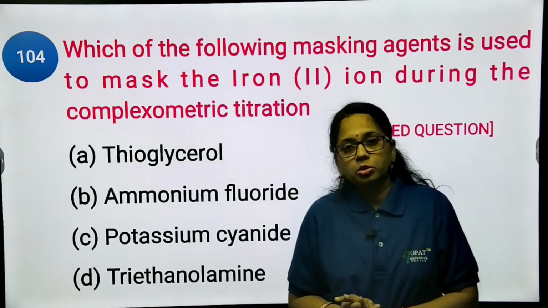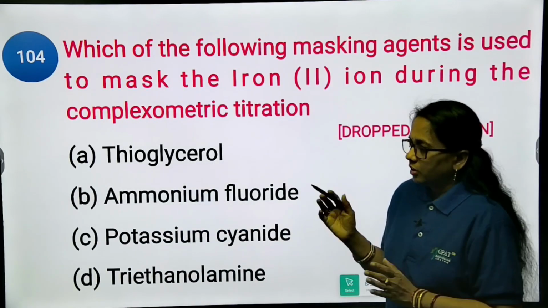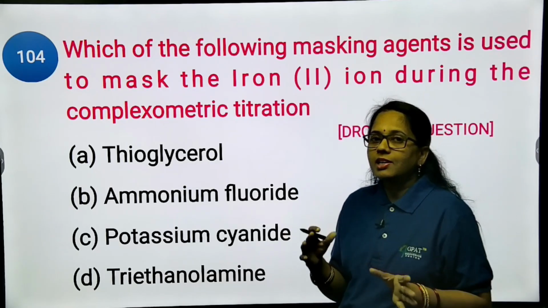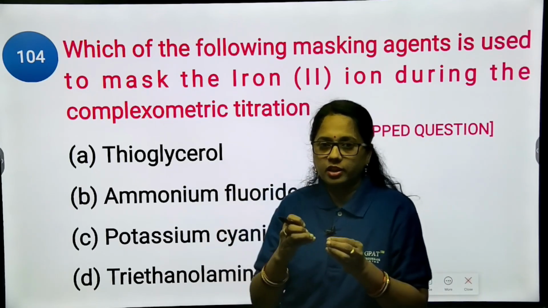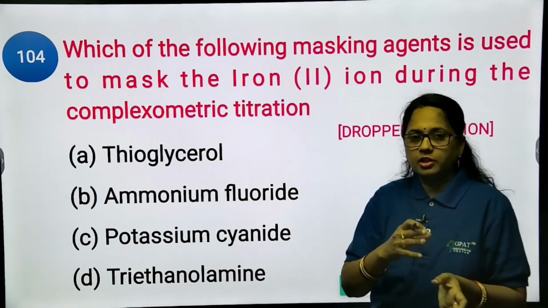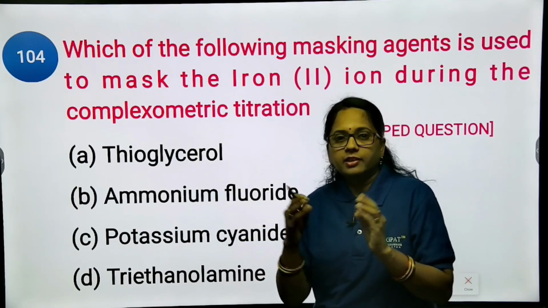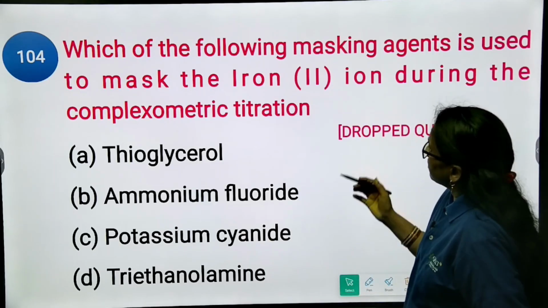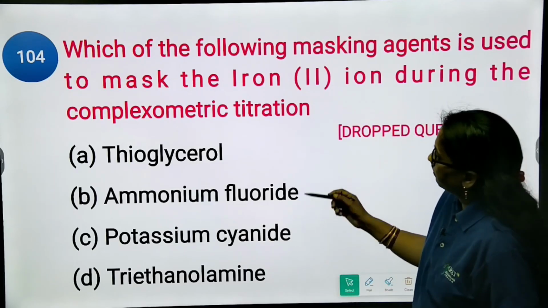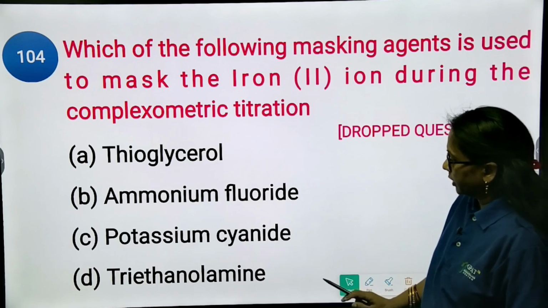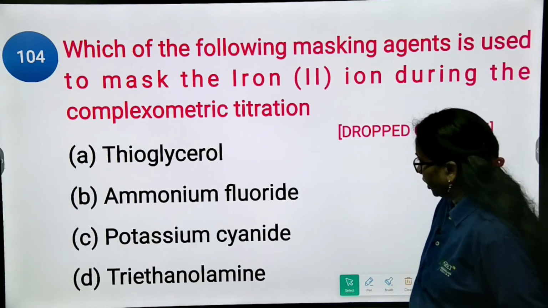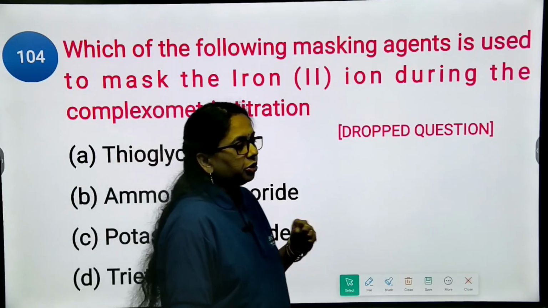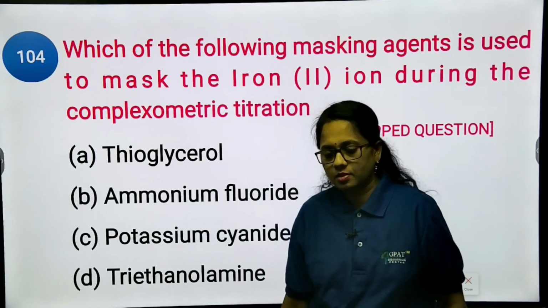Masking means they prevent unwanted reactions, and demasking means whatever hidden reactions are there, by adding the demasking agents the reactants get released and participate in the reaction, okay. Let us see the given options: thioglycerol, ammonium fluoride, potassium cyanide and triethanolamine. Okay, this is also a dropped question because it contains multiple answers.